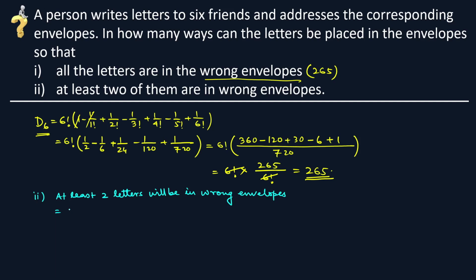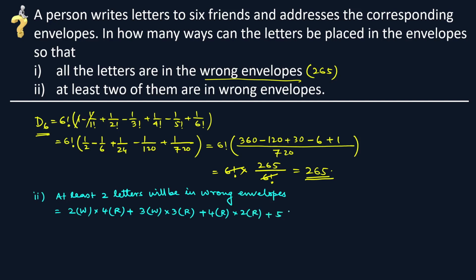That is, 2 letters are in wrong envelopes and the rest 4 letters are in the right envelopes. Or 3 letters are in the wrong envelopes and 3 letters are in the right envelopes. Or 4 letters are in the wrong envelopes and 2 letters are in their right envelopes.